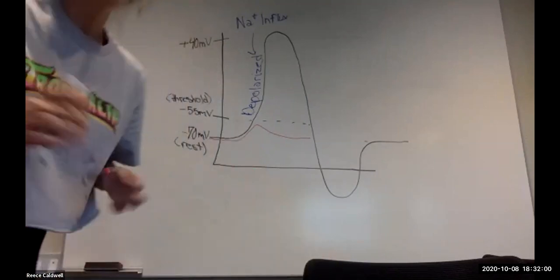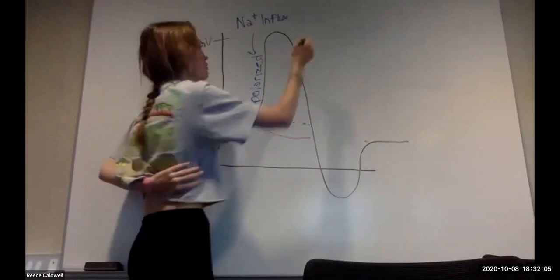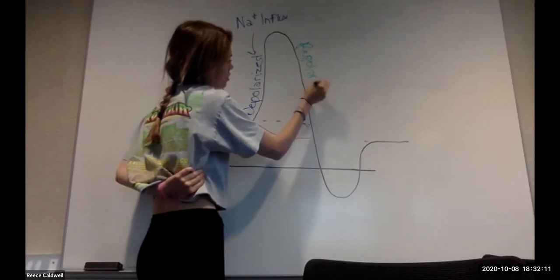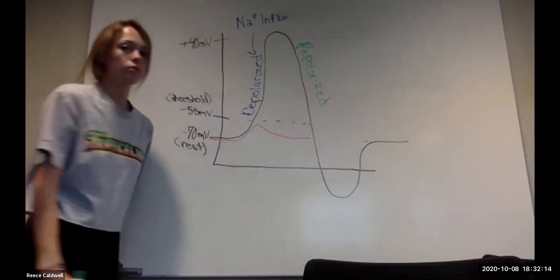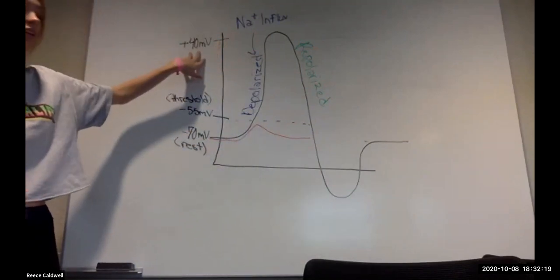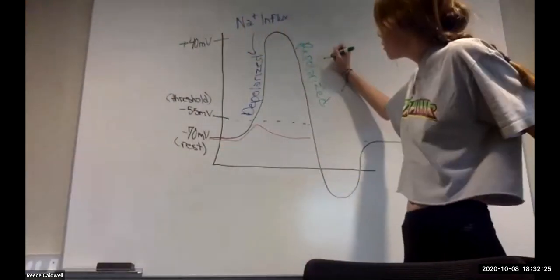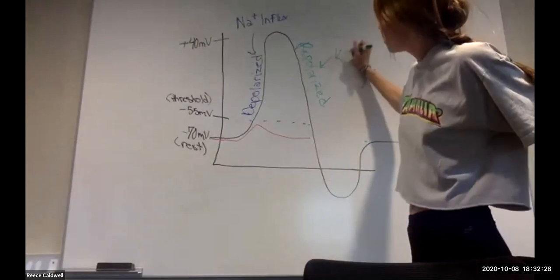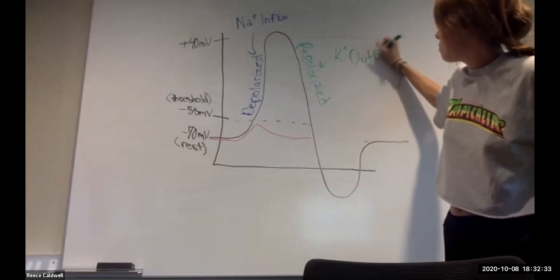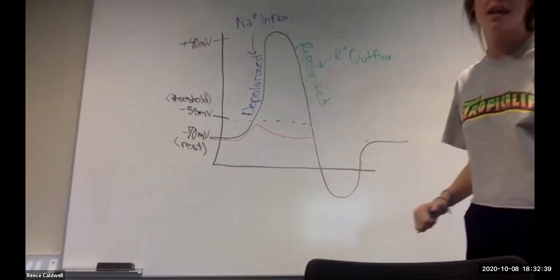And once we hit that positive 40 millivolts, then the cell will go through repolarization. It will become repolarized. So depolarized, sodium flows into the cell, brings it to positive 40 millivolts. Once we hit that positive 40 millivolts, all of a sudden, potassium, K plus, will start to leave the cell. So we'll have a potassium outflux, a K plus outflux.